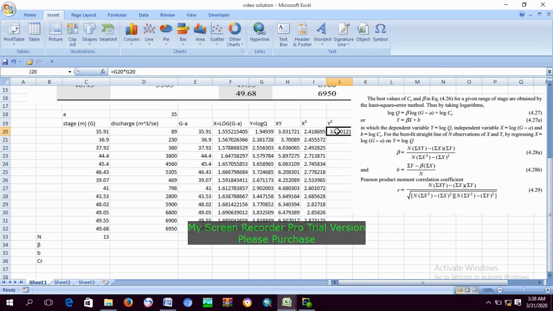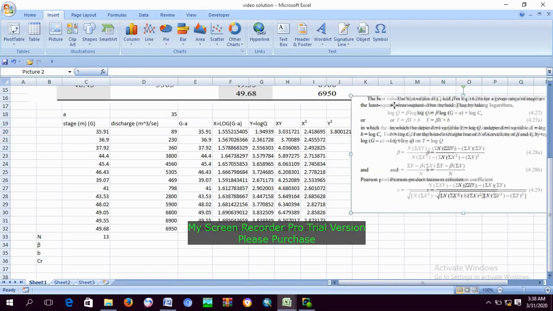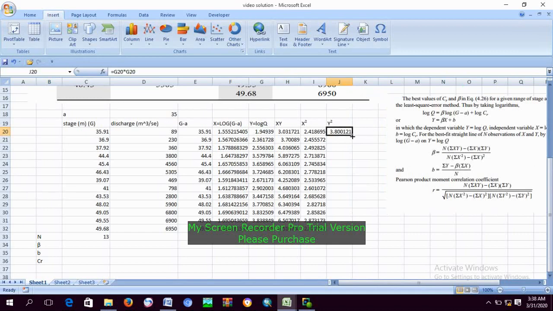Okay, drag it. Yes, for the sake of simplicity in our work, we can call xy, x square, and y square parameters, in order to simplify our understanding.